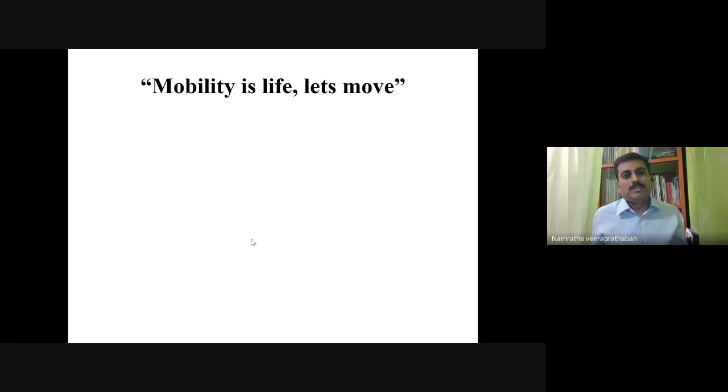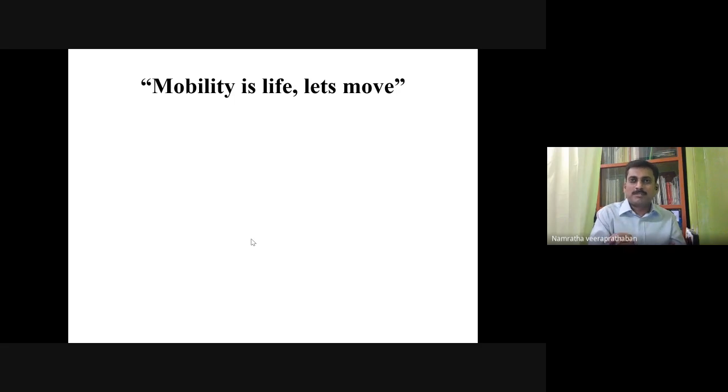All right. When I went to a conference, I saw these wordings, these captions. It was really very impressive for me. It says that mobility is life. Let's move. We are all in a pandemic situation now. We know that we are in lockdowns. We are unable to move from one place to another because of the lockdown and the pandemic.